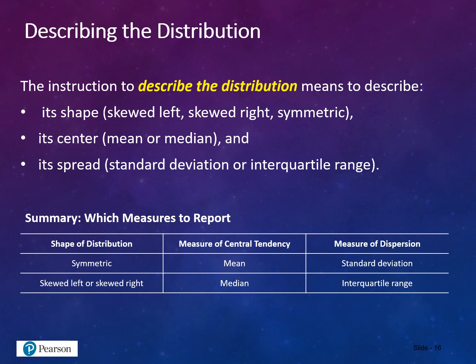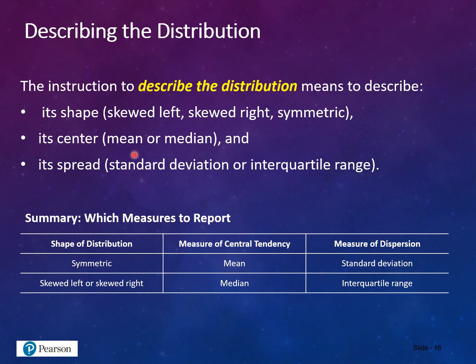So just to reiterate that last table, which I've included on this slide again at the bottom, when you're given the instruction to describe the distribution, this means to describe its shape, which is either symmetric, skewed left, or skewed right.